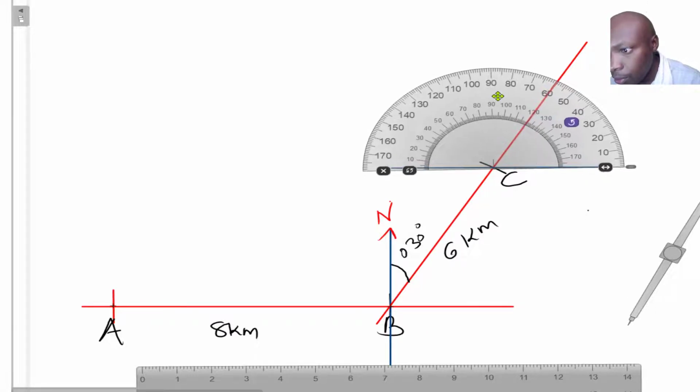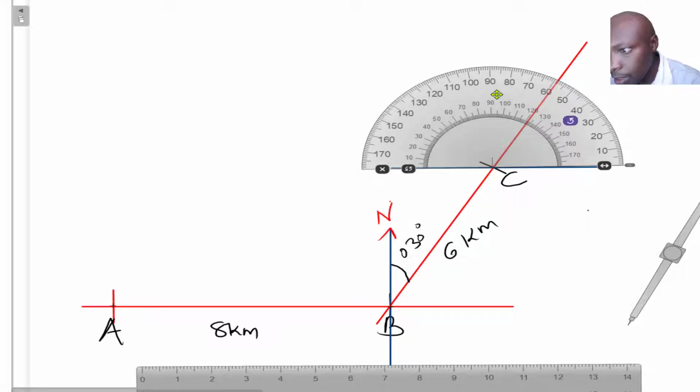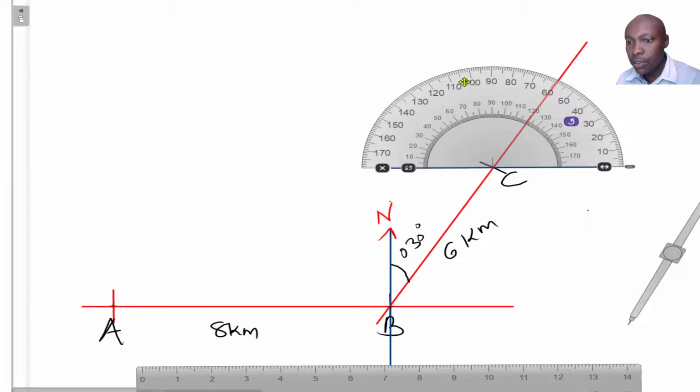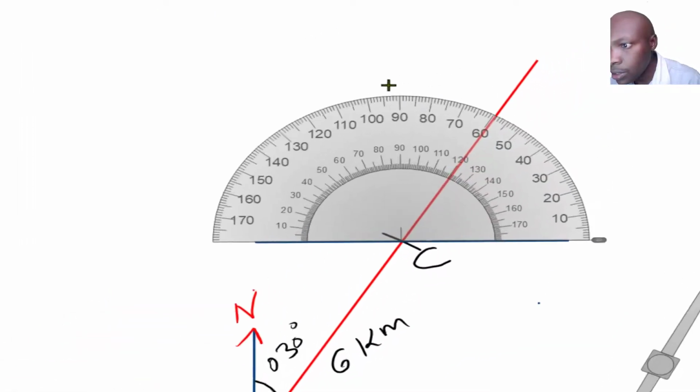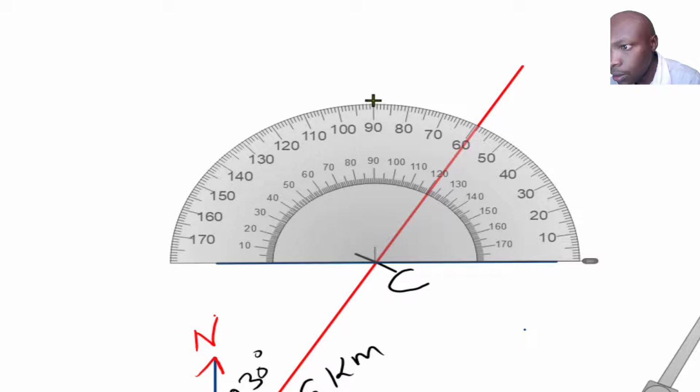This central point of the protractor should rest on that line. So 90 degrees will definitely be here, so you have to mark that point. So let me mark that point. This is the point that is 90 degrees.